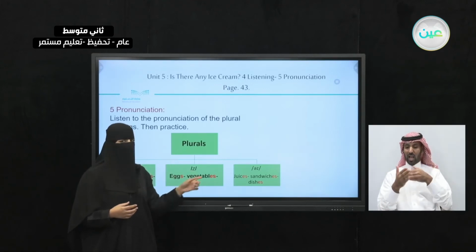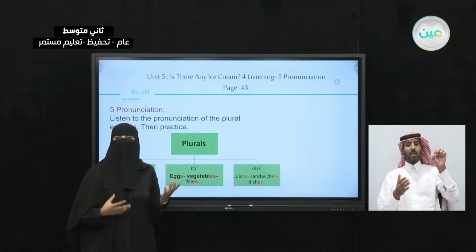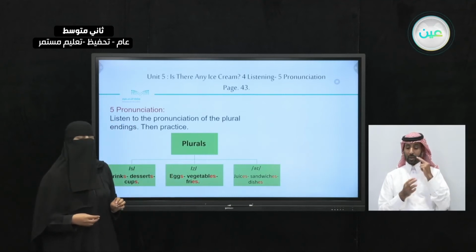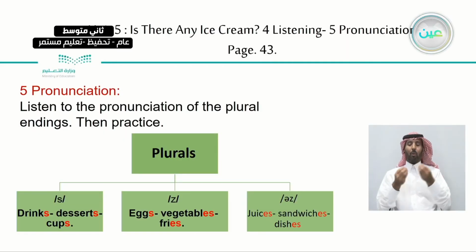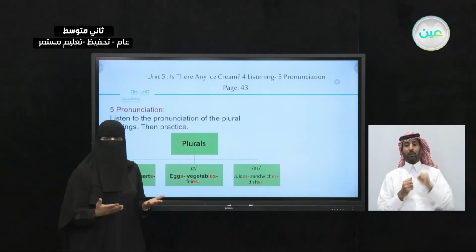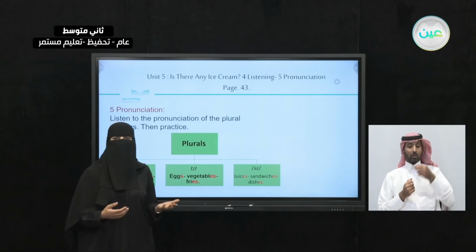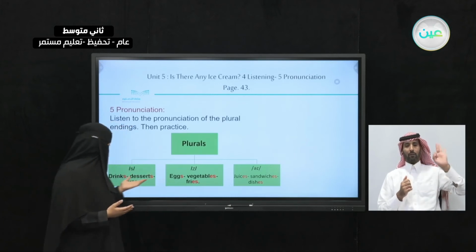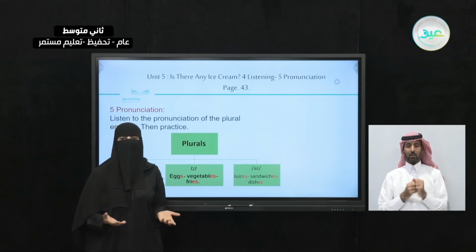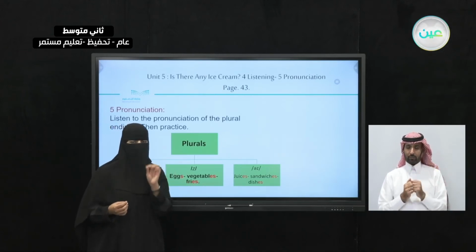Now I want you to listen to the other words and tell me, do they sound the same? So here we have eggs, vegetables, fries. Do they sound the same? Cups and fries, drinks and eggs. No, they sound different. What is the difference? There's a slight difference.